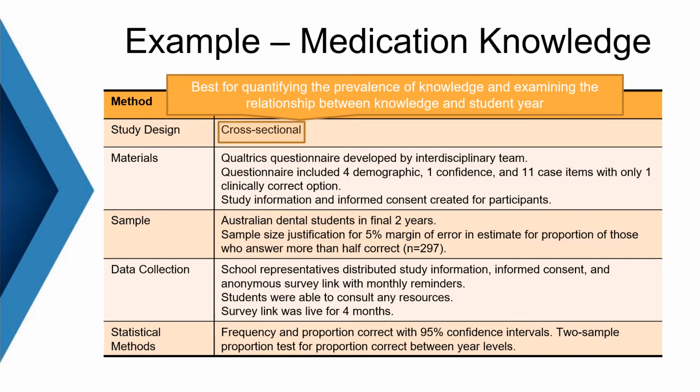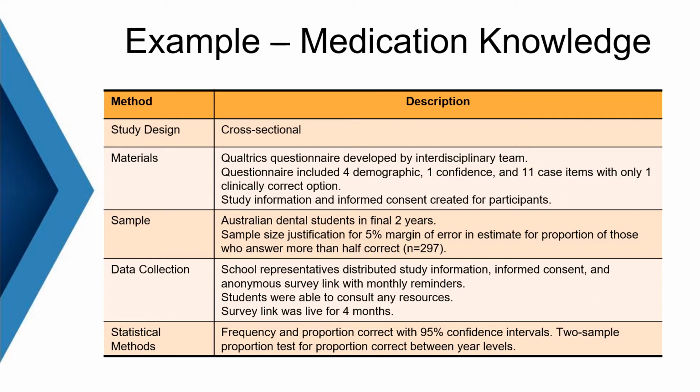The authors used a cross-sectional study design to measure medication knowledge during their current year in school. This is best for quantifying the prevalence of knowledge and examining the relationship between knowledge and student year. For the materials, the questionnaire was administered using Qualtrics software. The questions were formulated by an interdisciplinary team consisting of registered pharmacists, registered general dentists, and dental public health academics.